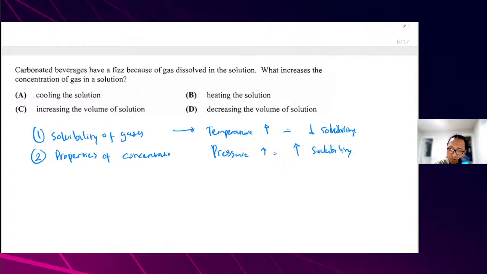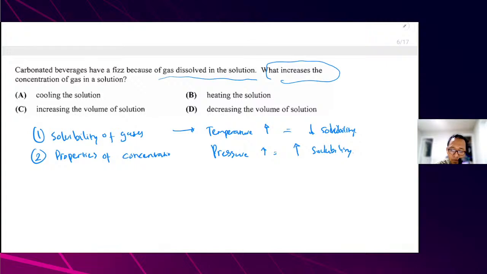So let's analyze the answer. What increases the concentration of a carbonated beverage, which has fizz because gas is dissolved in the solution? Cooling the solution.